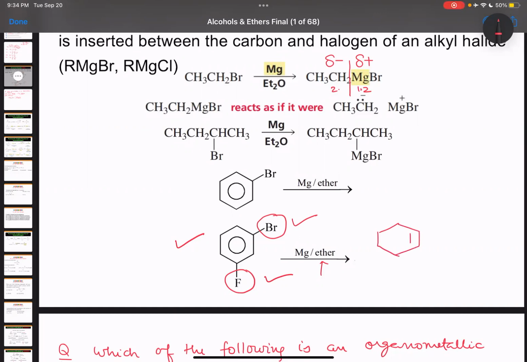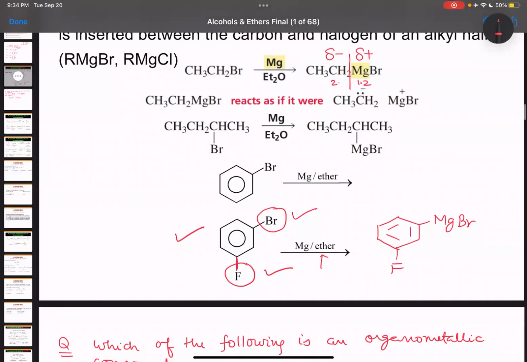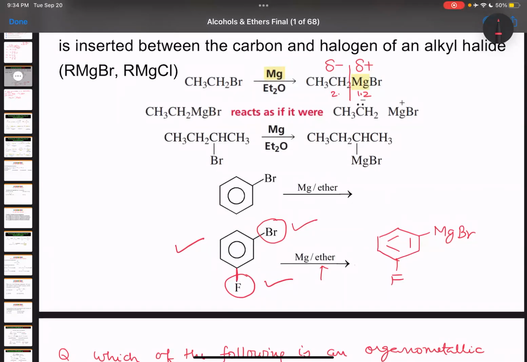Because fluorine is very reactive. So if fluorine is reactive, it should react. Then why have we made MgBr? Actually, the bromine bond is going to be broken more easily than the fluorine one. The C-F bond is smaller and stronger. Is it clear? Yes, sir. And if it is smaller and stronger, what does it mean?